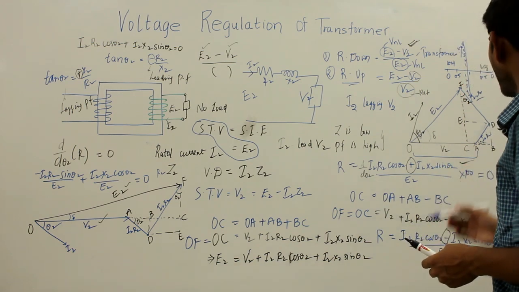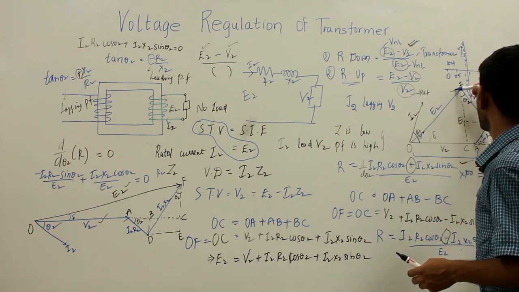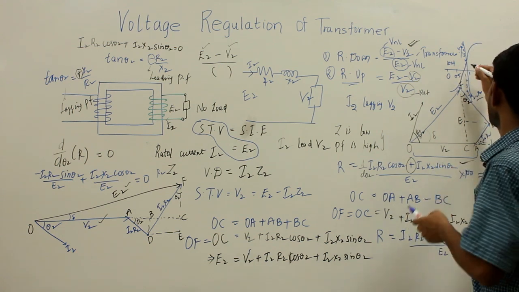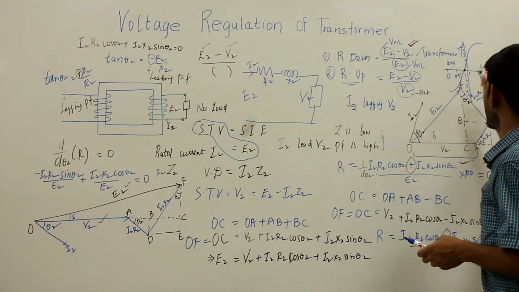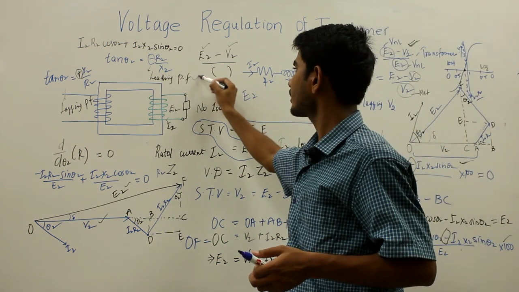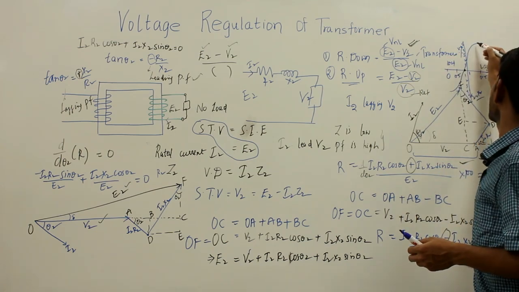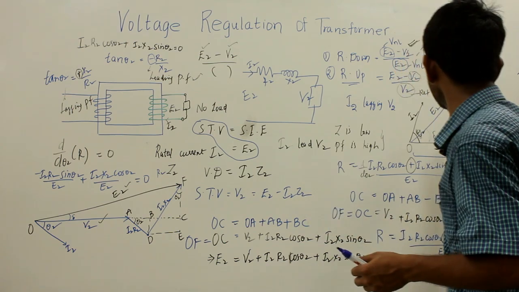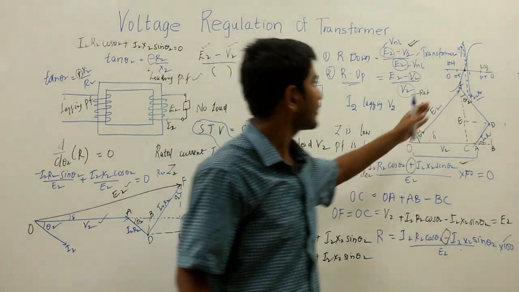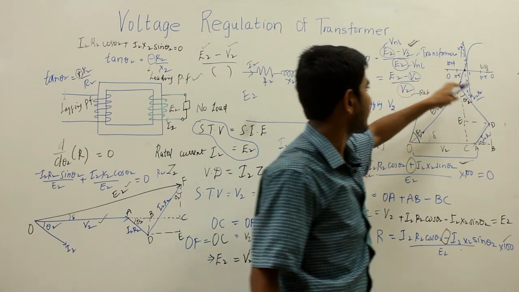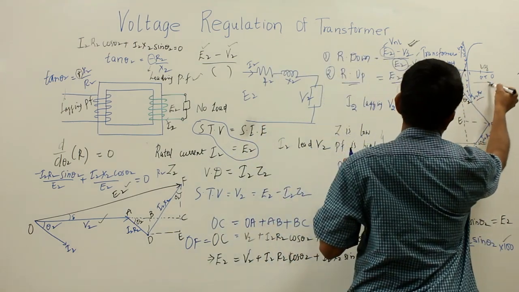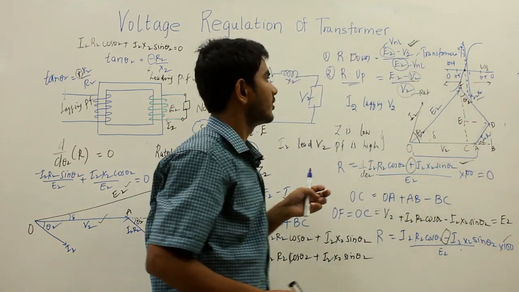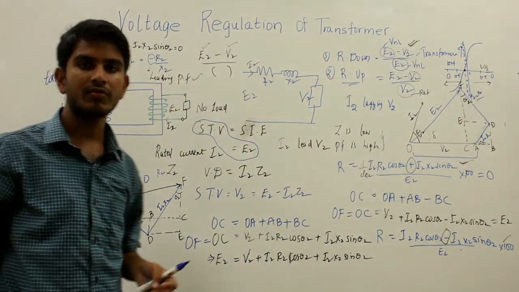So the plot will be like this. The zero regulation is achieved at the leading power factor, and the maximum regulation is achieved at the lagging power factor. This is the plot between the percentage voltage regulation and the power factor. So this is all about the voltage regulation of a transformer.